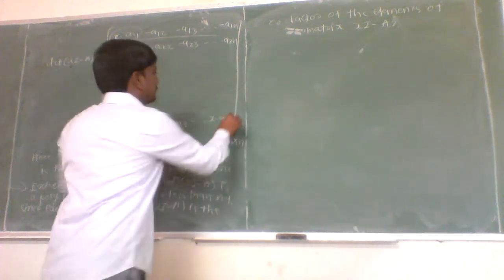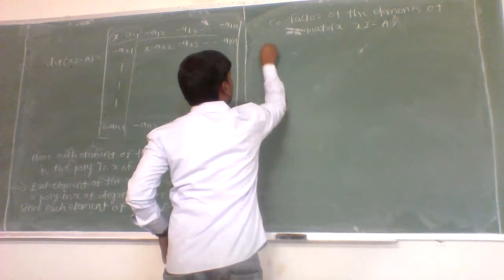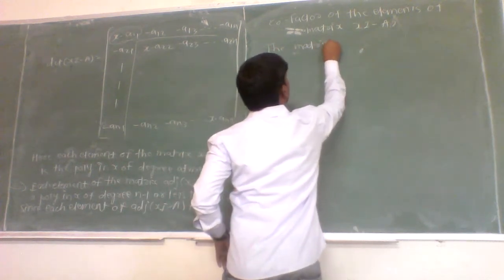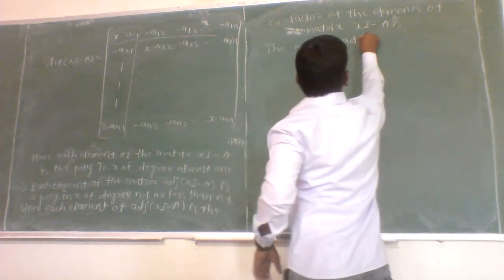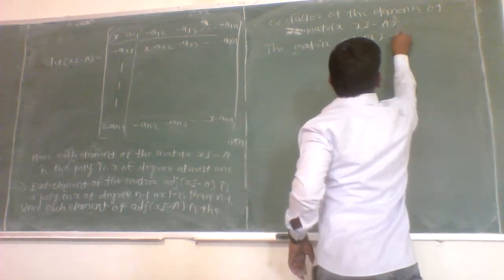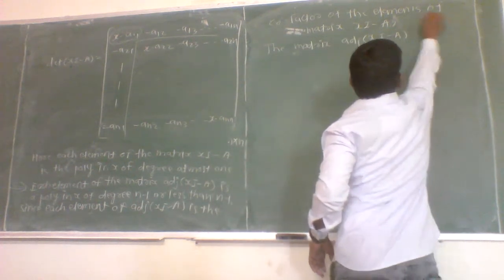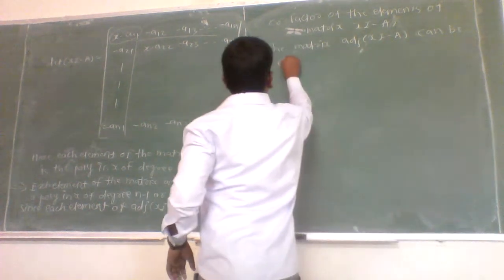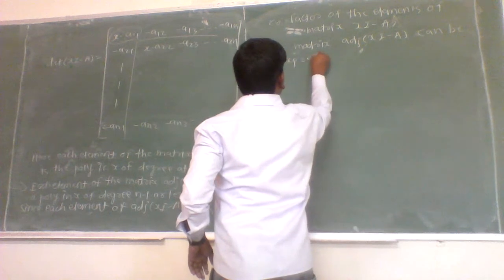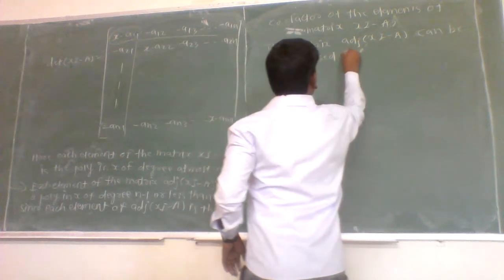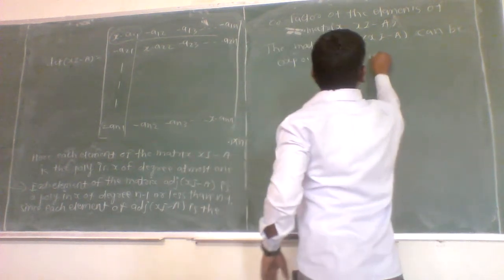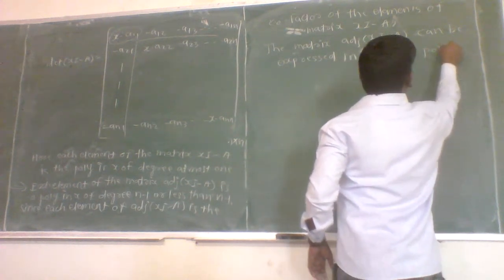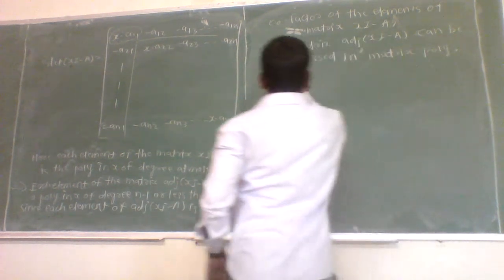Now the matrix adjoint of xI minus A can be expressed as a matrix polynomial as follows.